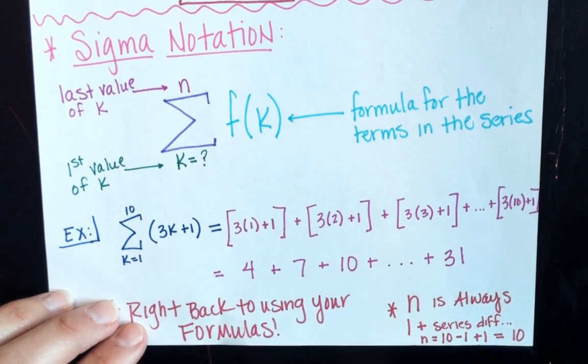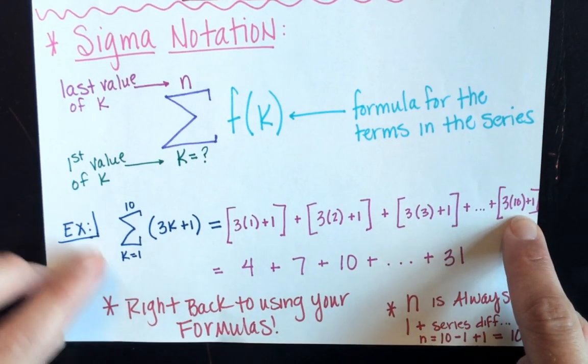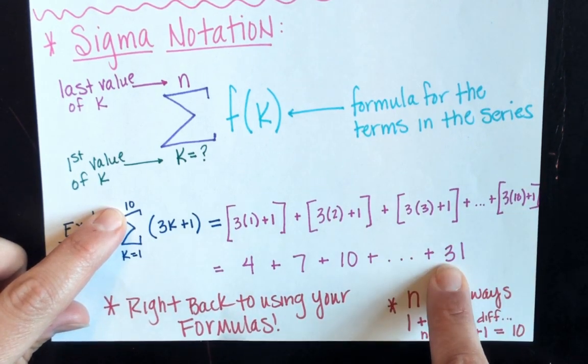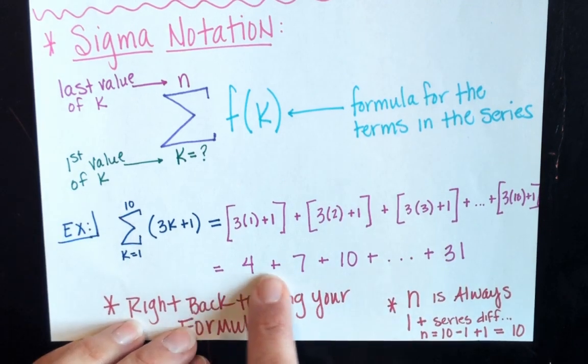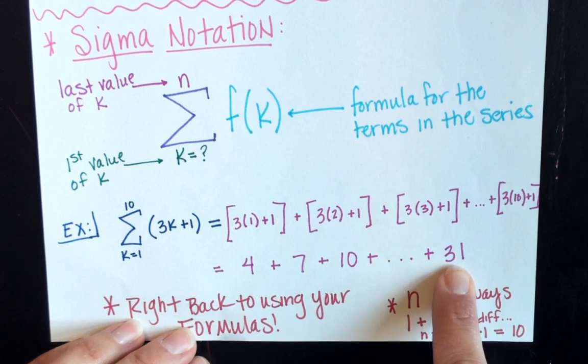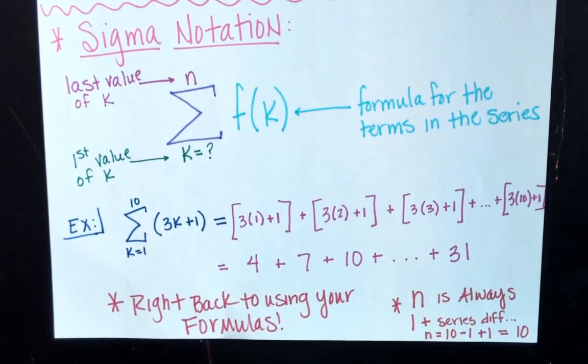Instead of writing out every single one of these, I can now put in that last value, and get 31. Now here's that sequence, 4, 7, 10, ... 31. And now I use all of these formulas again to know what to do.